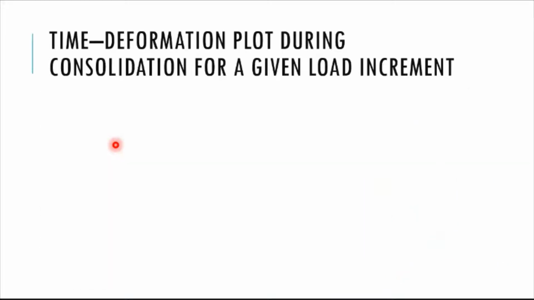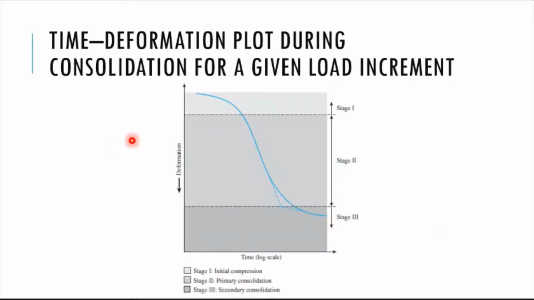And then there is a time-deformation plot during consolidation for a given load increment. So in stage 1, this is the initial compression, stage 2 is the primary consolidation, and stage 3 is the secondary consolidation.